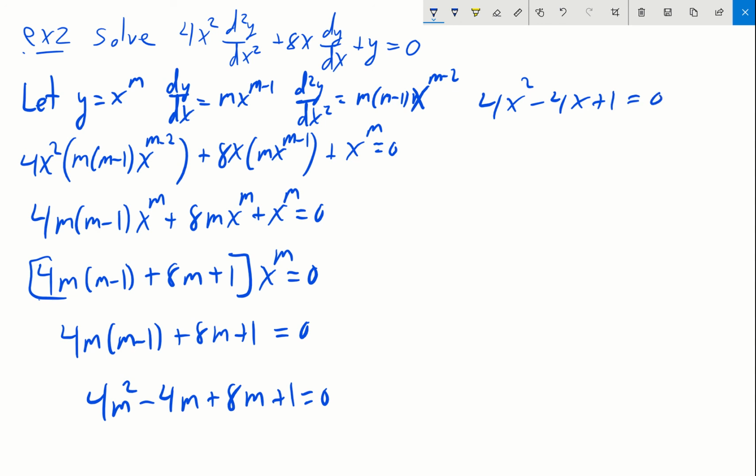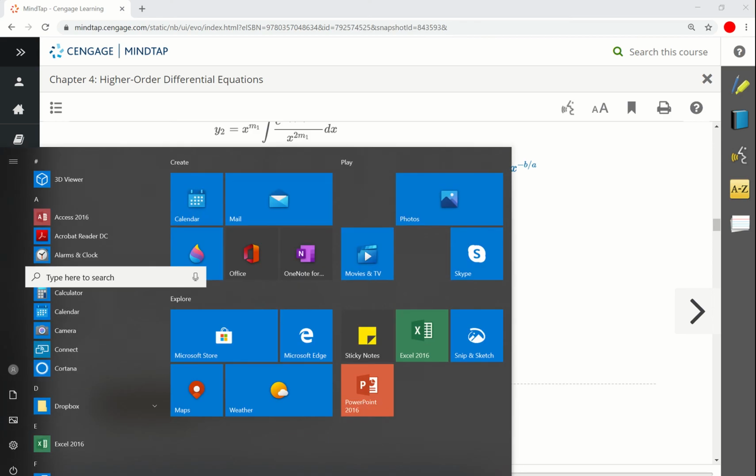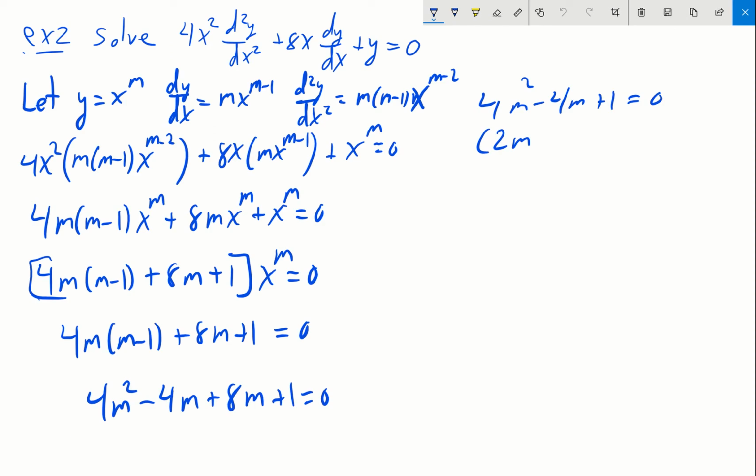This does factor. I'm not sure why I wrote x there. My apologies, it should be m's. That should be a positive, sorry. Positive 8 plus negative 4 is positive 4.